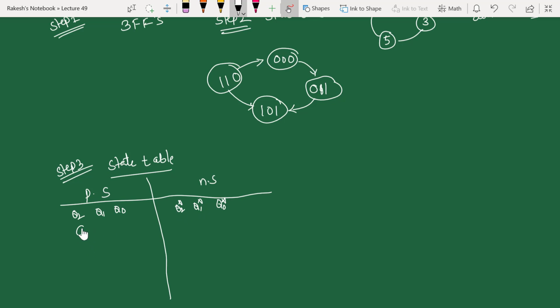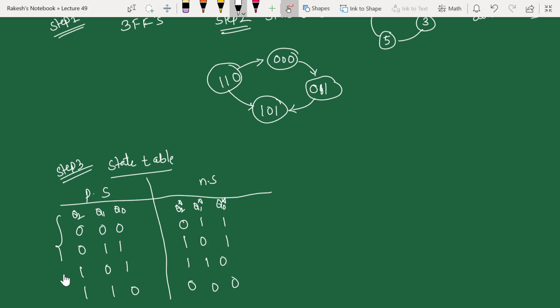Let's start with 0, 0, 0. When it is 0, 0, 0, the next state will be 0, 1, 1. If the state is 0, 1, 1, it's supposed to go to 1, 0, 1. If it is the 1, 0, 1 state, the next state is supposed to be the 1, 1, 0 state. If the state is 1, 1, 0, the next is supposed to be all 0 states.